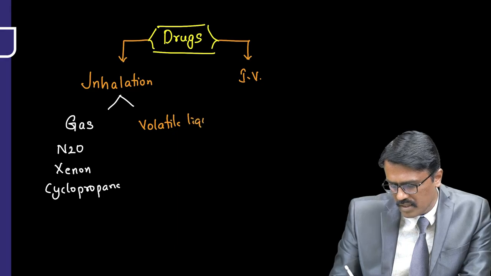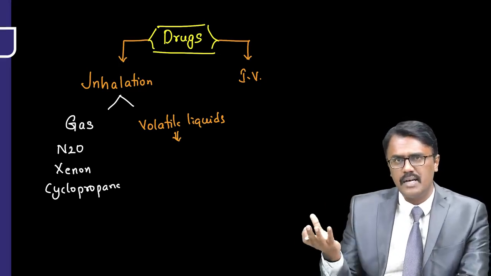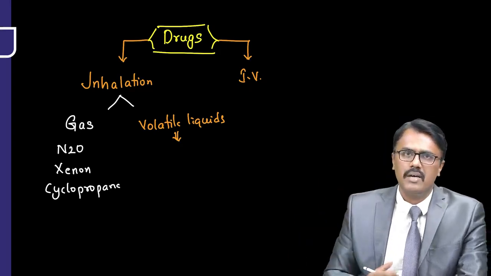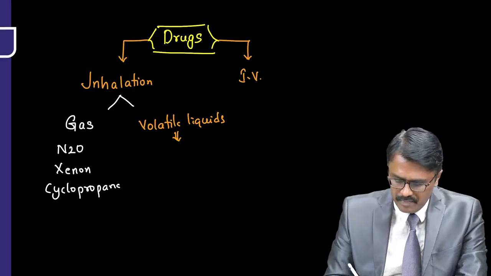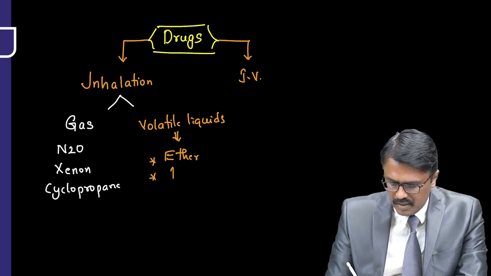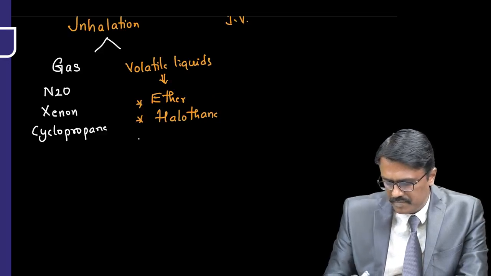Volatile liquids means they are stored in cylinders as liquid, but when they come out, they become gaseous, like LPG, liquid petroleum gas, which is liquid and when it comes out it becomes gas. So they are called volatile. The main important one is ether, one of the oldest, then halothane.